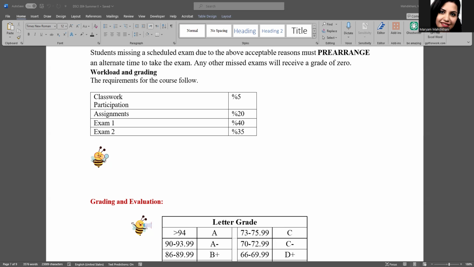For each chapter that we have, I have some activities in the classwork called practice for chapter 1, chapter 2, chapter 3, and so on and so forth. These activities are on Connect. They show me that when you are working on them, you are participating.